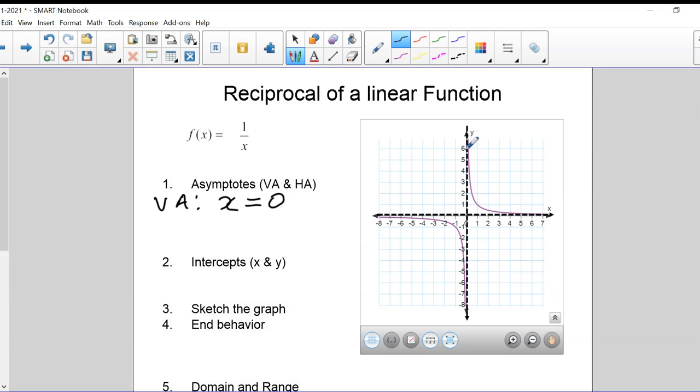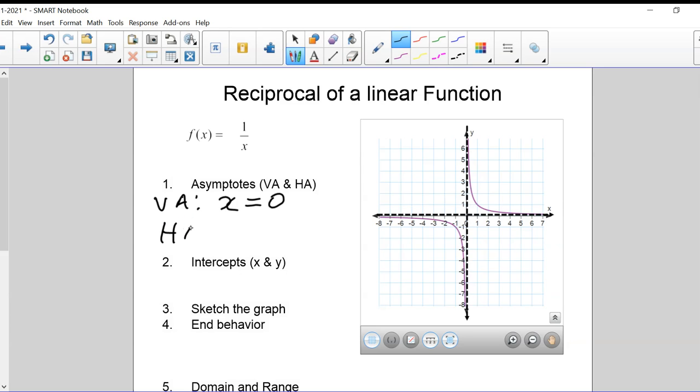So for instance, this point here is 0, 6. This point down here is 0, minus 5, and so on and so forth. Every single x coordinate along this line is 0. So we call it the x equals 0 line.